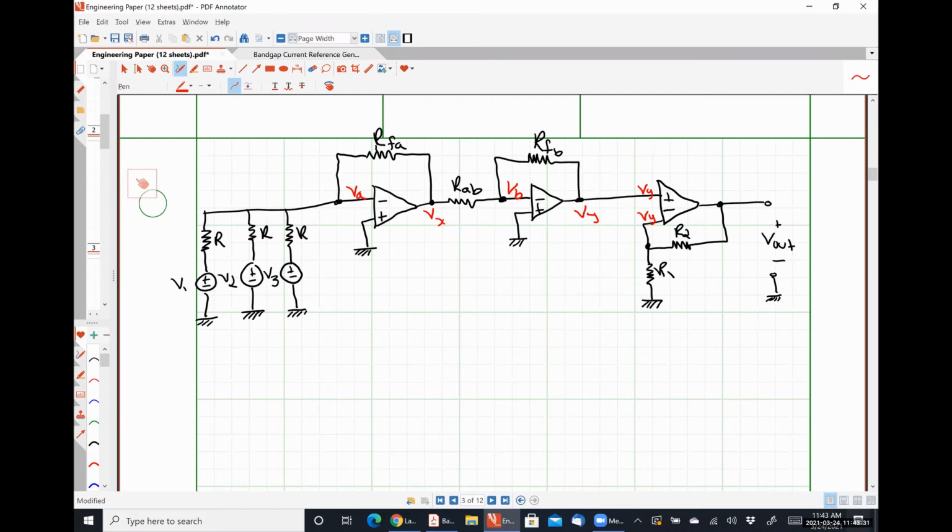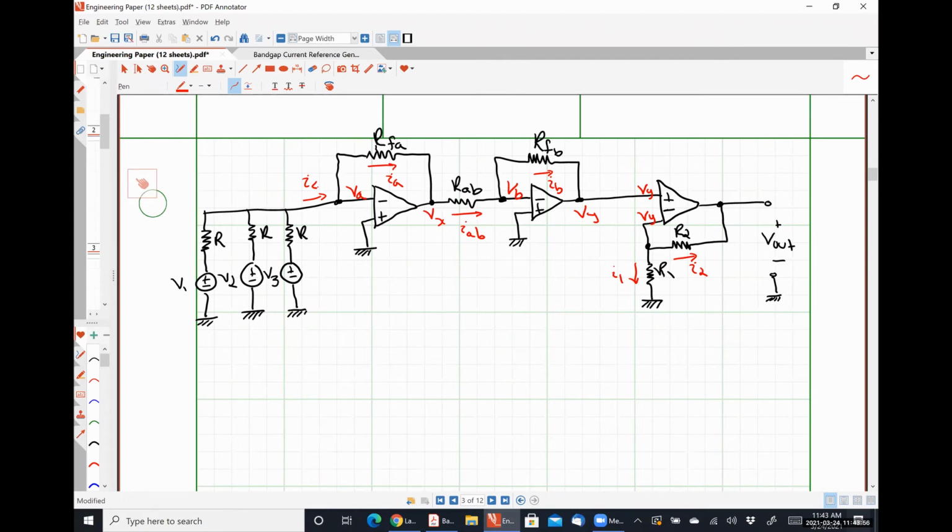And then let's label some currents, and so we'll have I2 again, I1 again, IB, IA, IAB, and I'm just going to call this one IC. Okay.